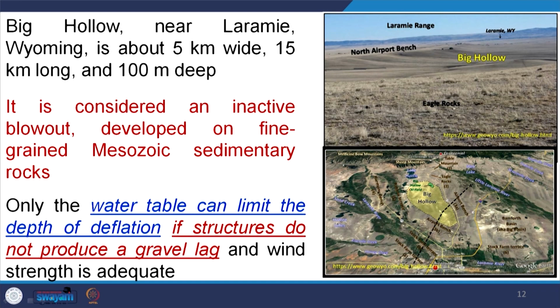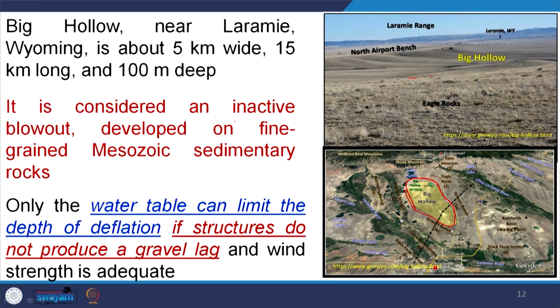Here this is the Google Earth image of this hollow, and this is a photograph taken away from it. So, it is considered an inactive blowout developed on fine grained Mesozoic sedimentary rocks.